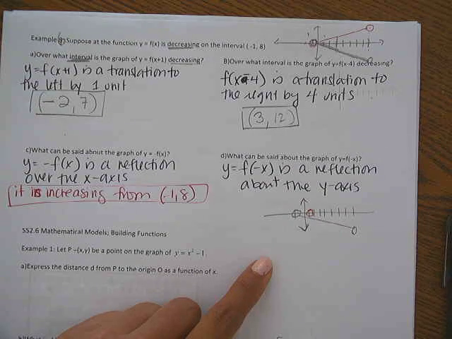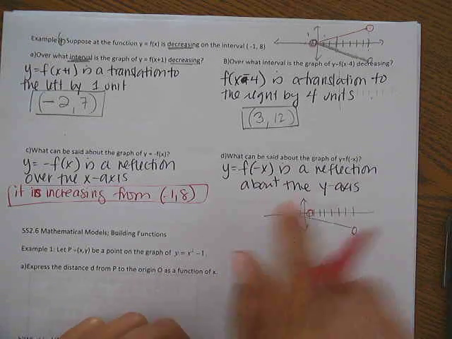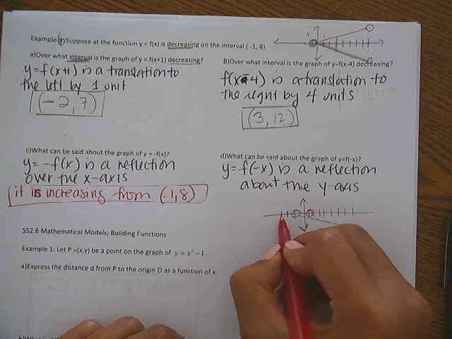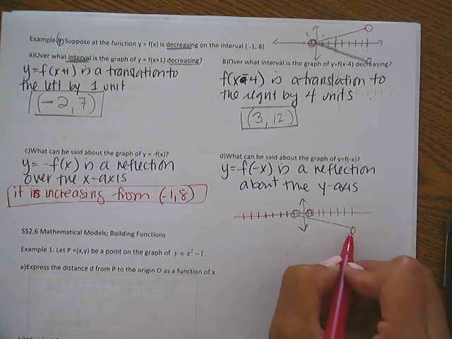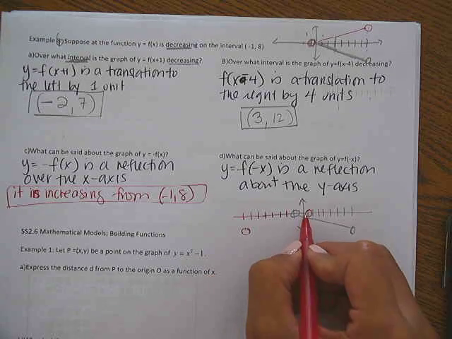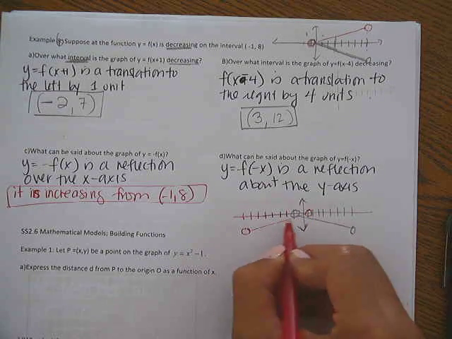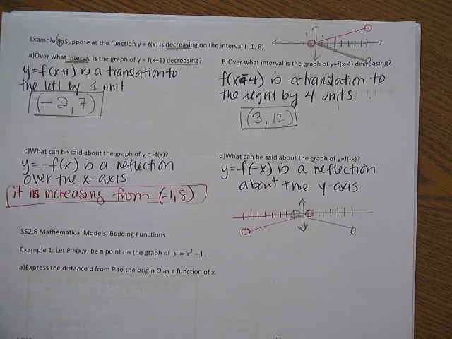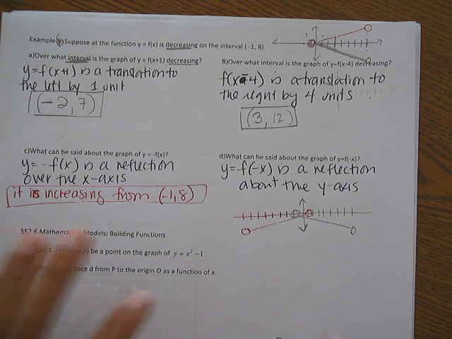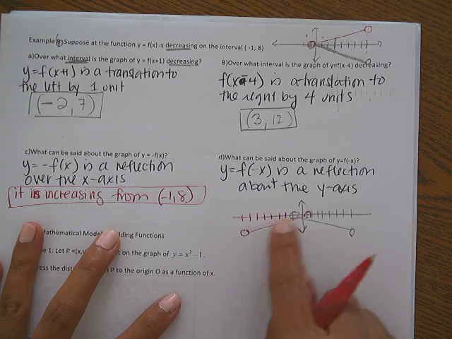See that? So let's count 1, 2, 3, 4, 5, 6, 7, 8. Let's extend this a little bit. So this piece has got to be somewhere over here for it to be symmetrical over the y-axis. So what can be said? What should we write as an answer? Is this piece decreasing or increasing?